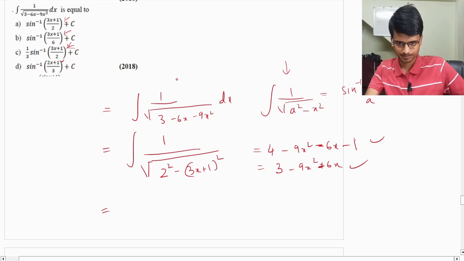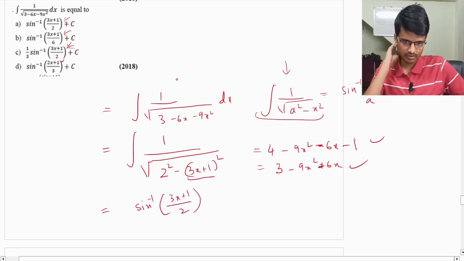Okay, so I have got it in the standard form. So for the standard form, I know what is my x and a. So sine inverse of x by a. x is nothing but 3x plus 1. My a is 2. And because we are taking it as 3x plus 1, we have to keep a 3 here because the coefficient of x is 3.